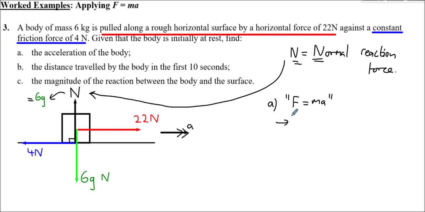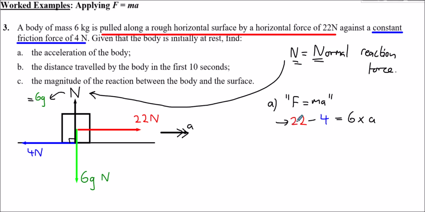So F equals ma. The overall force to the right is the 22 newtons, which is already going to the right hand side, subtract this 4 going against it. So 22 minus 4 equals the mass of the object, which is 6 kilograms, multiplied by the acceleration of the object.